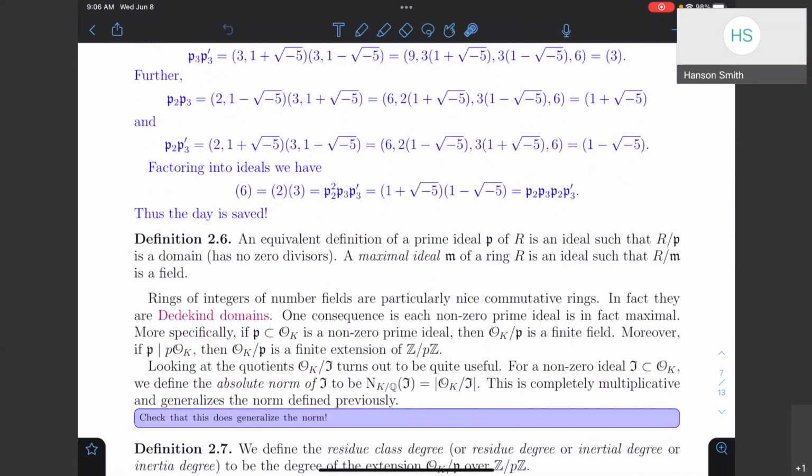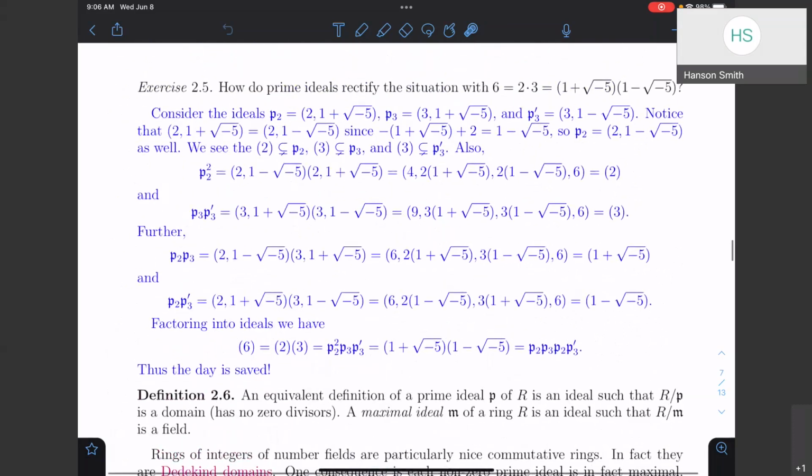Are there any questions before we do that about previous things? Any points of confusion or anything like that? All right, cool. So here's the idea.